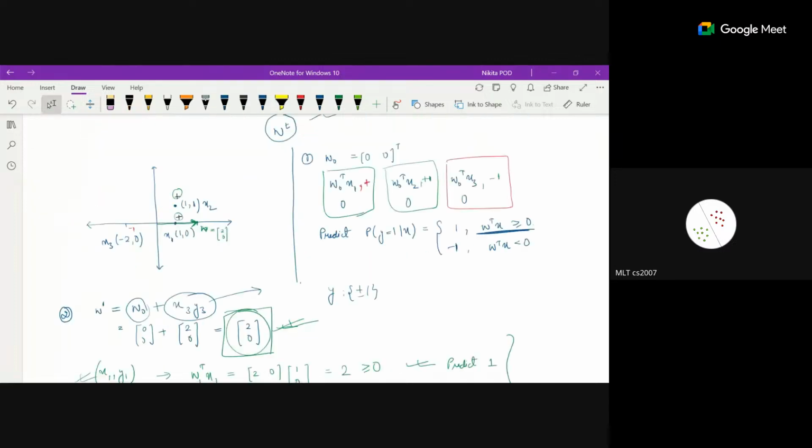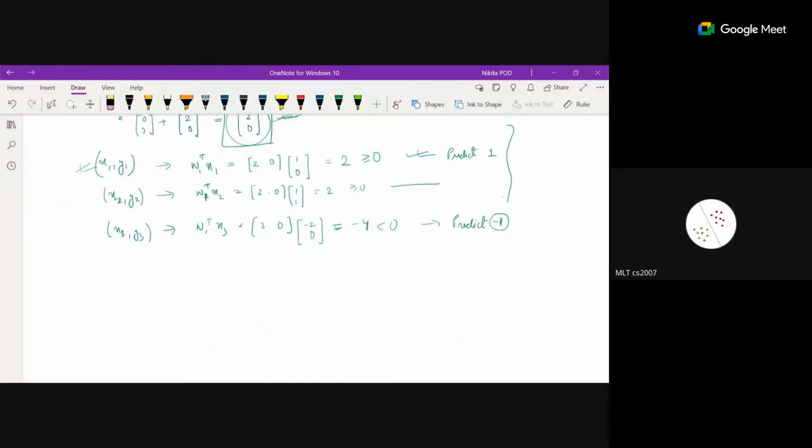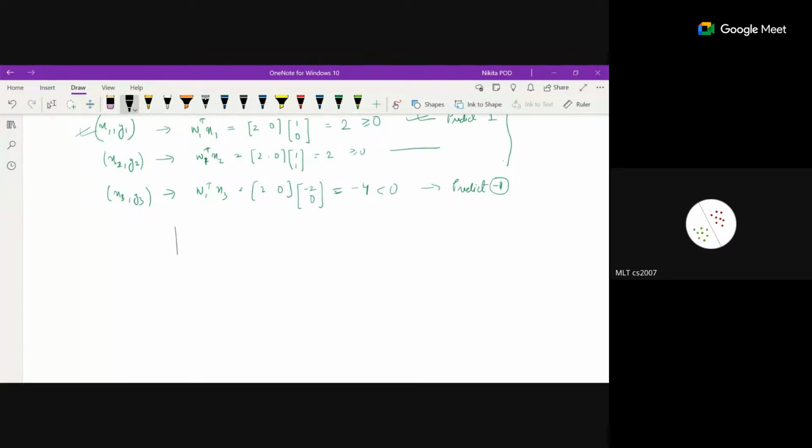For example, in this question, it's a very simple question, so maybe not a good one to explain. Let's say this was my W. Any data point on this side is negatively labeled, that is -1.